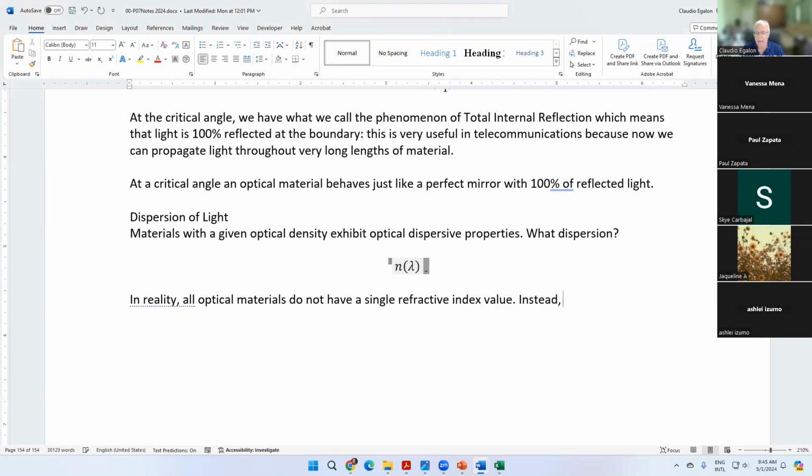Instead, the refractive index depends on the wavelength of the light. Can you remember that? That's what dispersion is all about.